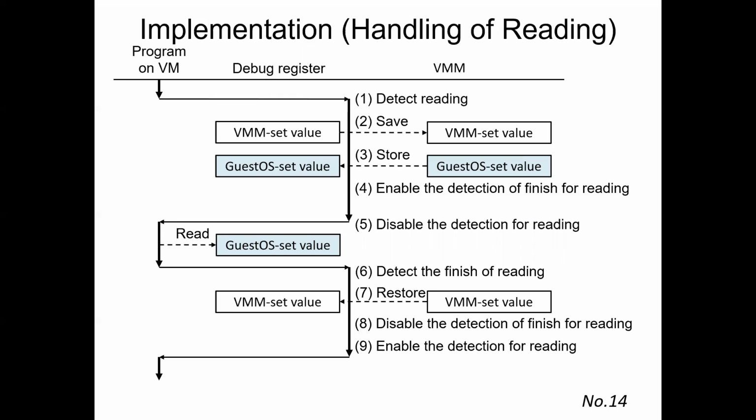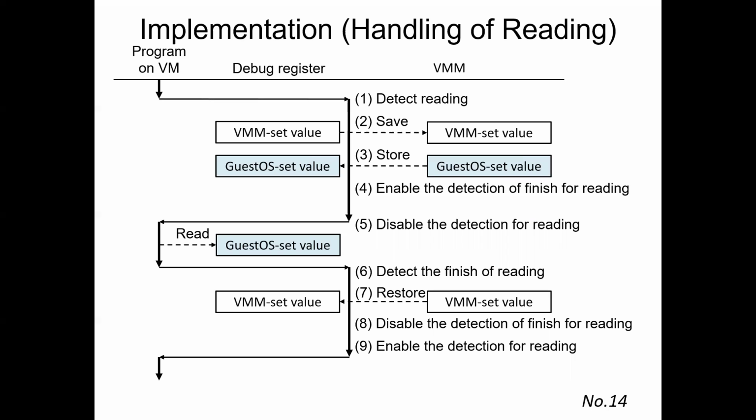After the program on the guest OS continues and tries to read from the debug register, the VMM detects the end of reading from the debug register. Then the VMM restores the VMM set value to the debug register and disables the detection of completion of reading from debug registers. And finally, re-enable detection of reading from a debug register and return the processing to the program on the guest OS.